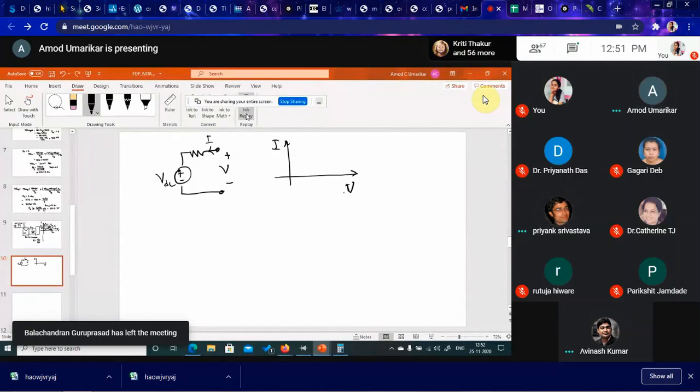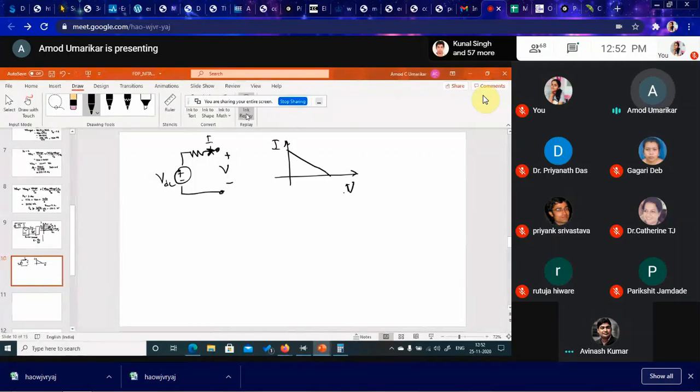If you take a conventional source, it is like this. But what is our characteristic here? Here, it's like this. So this is not the way to find out the answer. This is totally different.